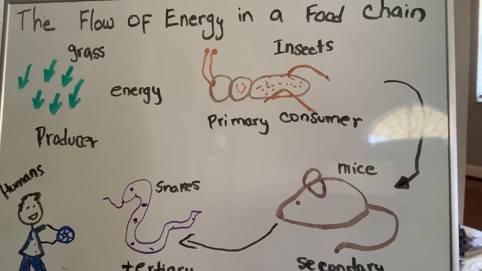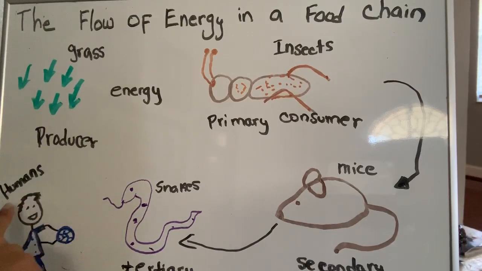Omnivores can be secondary, over here, or tertiary consumers. Other examples of omnivores are skunks, raccoons, and pigs. Black bears are omnivores that eat blueberries, bugs, acorns, and many kinds of nuts.